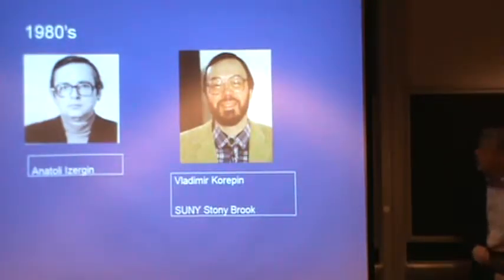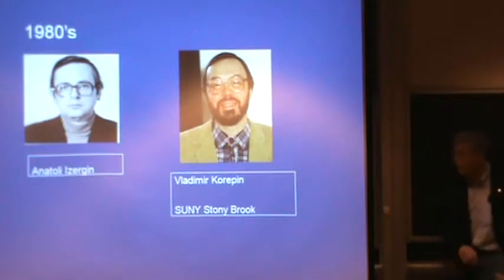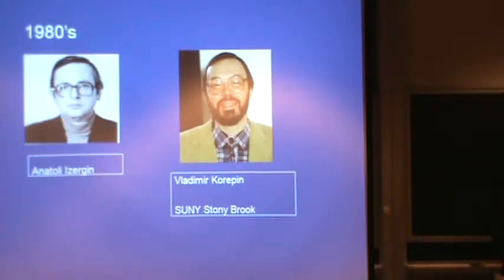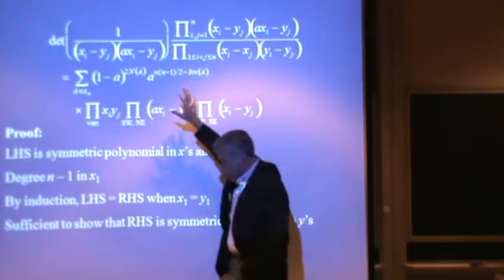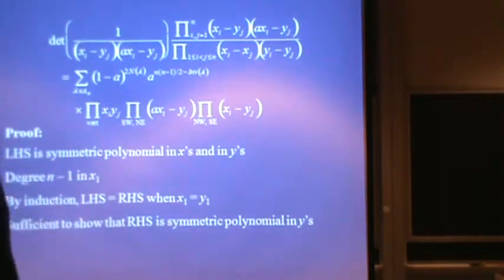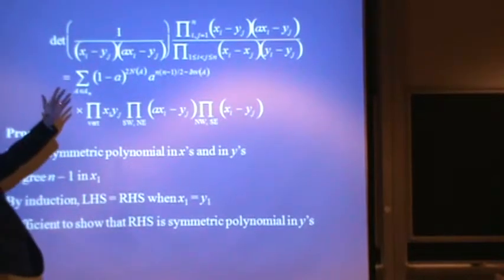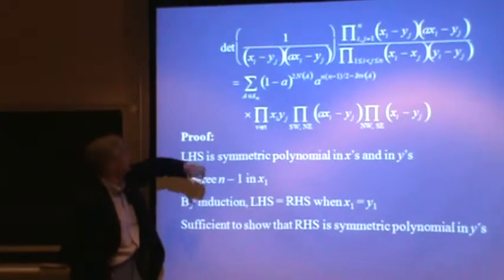And in the 1980s, Anatoly Izergin and Vladimir Korepin came up with a remarkable determinant identity that's given here. Actually, they didn't come up with this. They came up with comparable determinant identities for other boundary conditions, but they mentioned that it would be possible to set it up with the particular boundary conditions that you get in the case of alternating sign matrices, and they left it to Greg Kuperberg to actually work out the details of this.